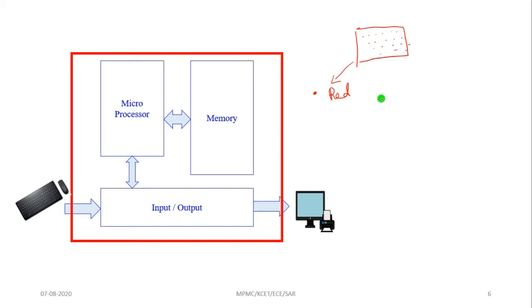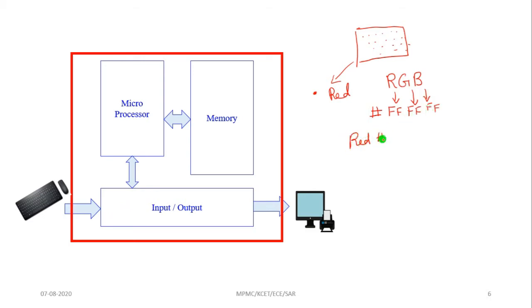We already know that for color we are using RGB: red, green, blue. In this representation, this is the R, this is the G, and this is for blue. Now my color is red.